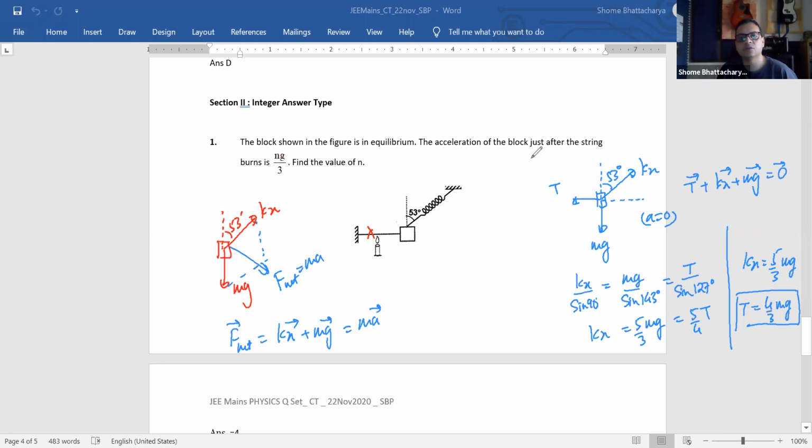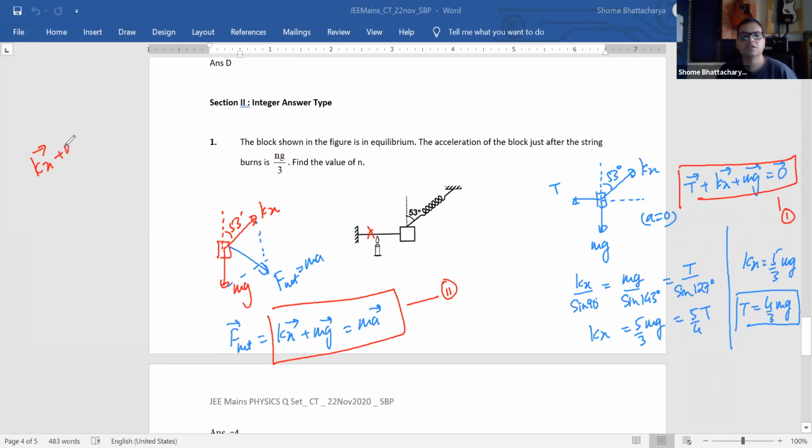And we have to find the magnitude of the acceleration. So if you compare this equation now with this equation, you can see that kx plus mg, which is our mass into acceleration, is actually minus of this T. So this is nothing but the magnitude of this tension.